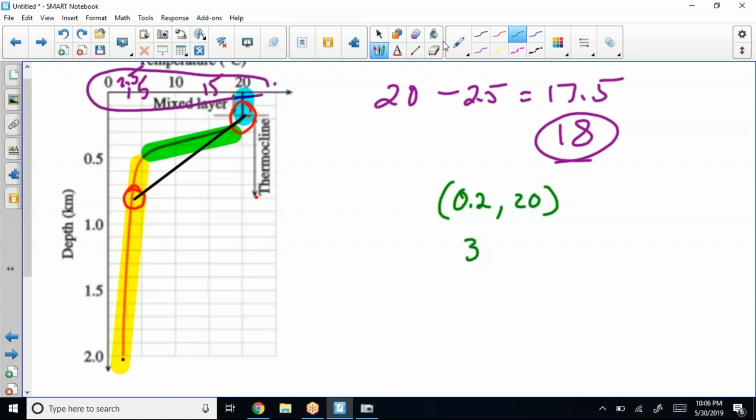Oh, I just wrote that backwards on that other one, didn't I? There. And then, comma, that would be 0.6, 0.7, 0.8. Okay. 0.2, 3, 0.8.